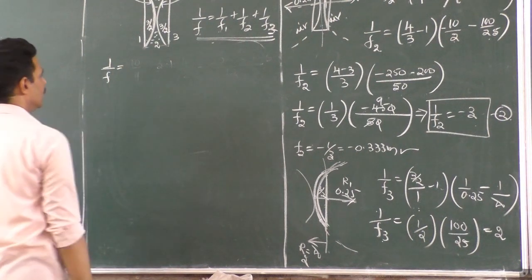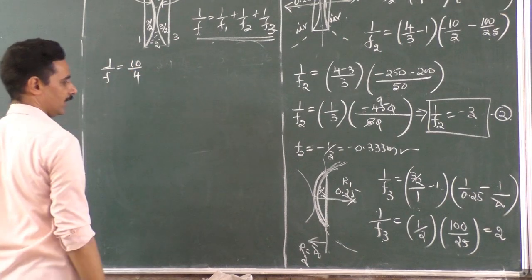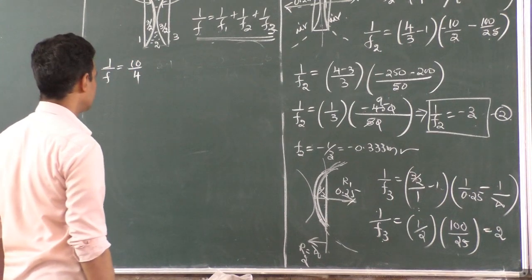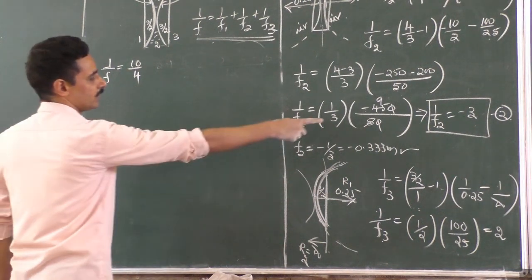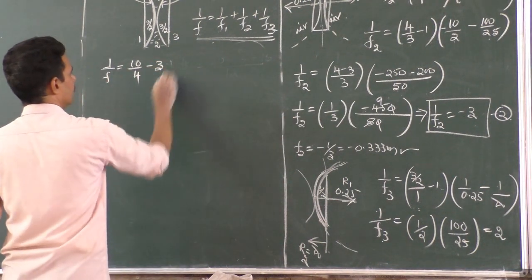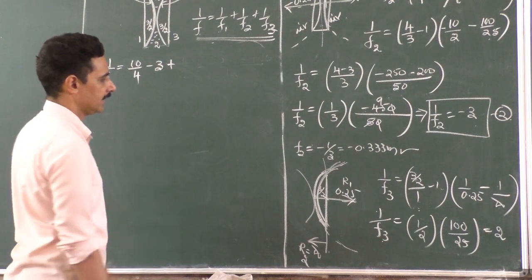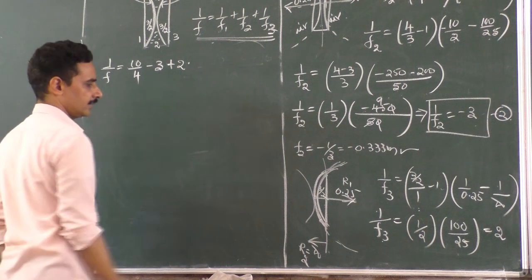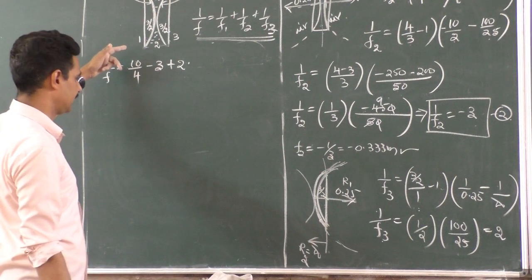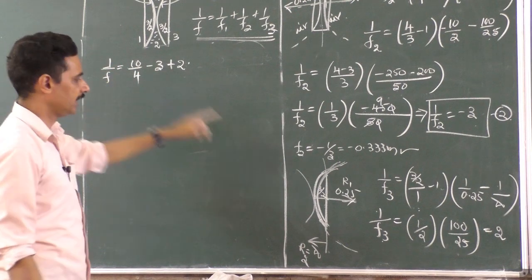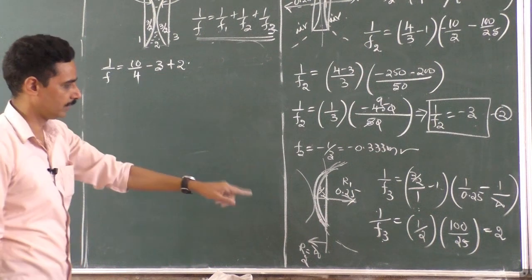Remember what we have got last time? 1 by f1 is 10 by 4, and 1 by f2 is here minus 3, plus 1 by f3, that is 2. 1 by f1 is 10 by 4 and f was 4 by 10, that is 0.4, and 1 by f2 is minus 3, and 1 by f3 just now we have got 2.